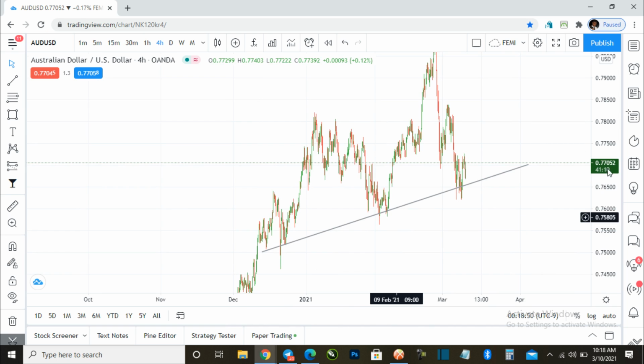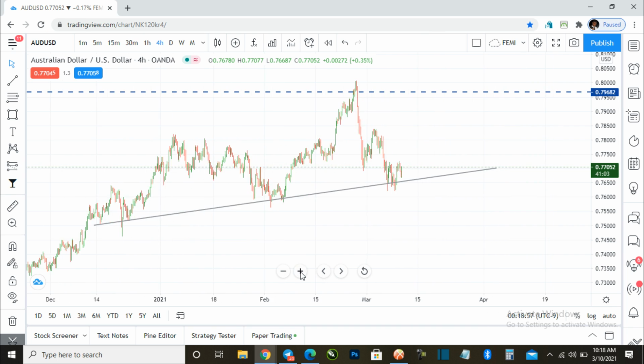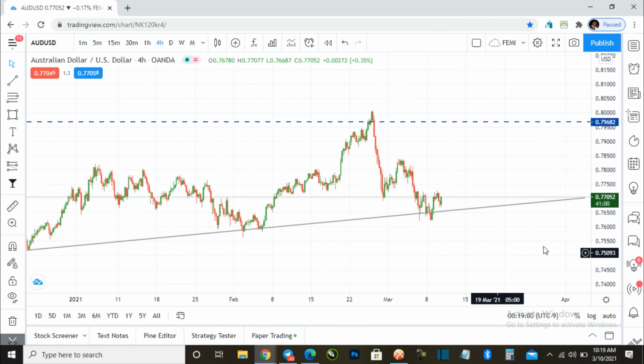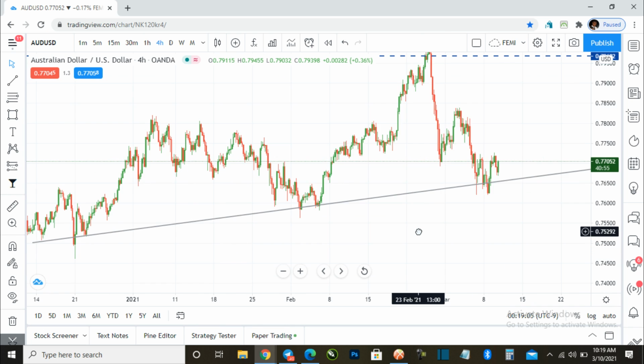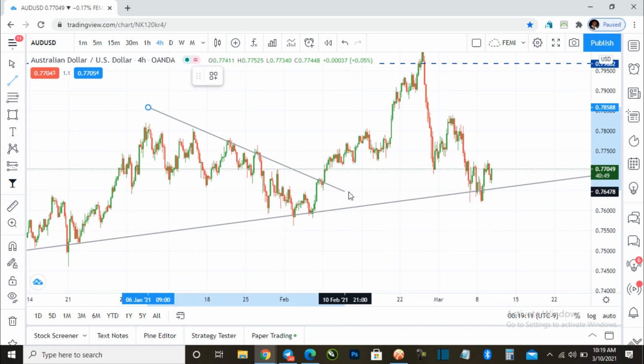You can see 3 touches on the resistance line, our trend line. The same touches happen again at the support here. The market went down as if it's going to break, reversed back, went down a second time, a third time, and now it's going back up.